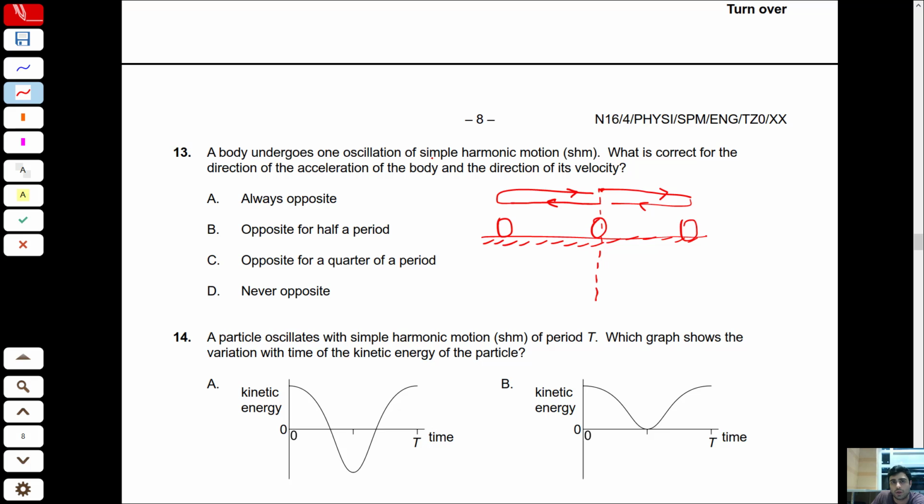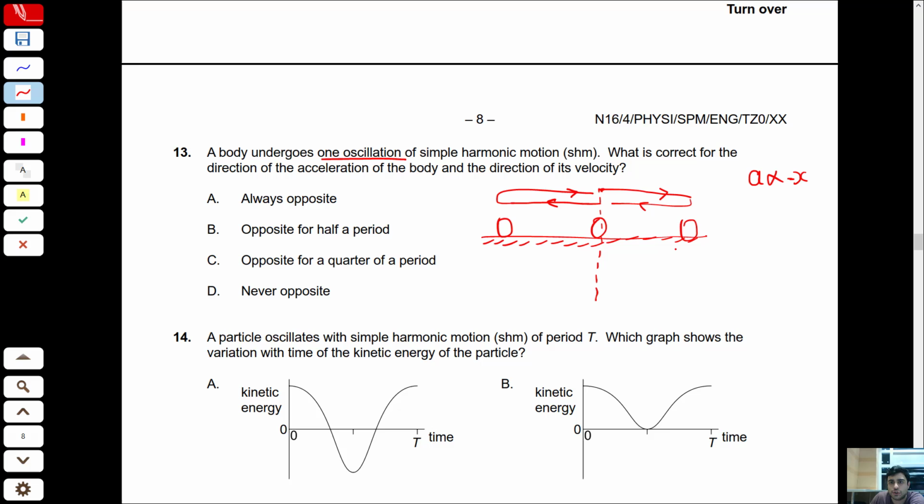So this is one oscillation. The definition for simple harmonic motion is that the acceleration is directly proportional to the displacement from the mean position, but opposite in direction. So the displacement and acceleration are always opposite in direction and directly proportional.